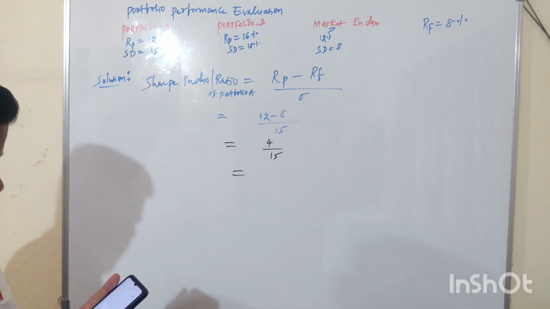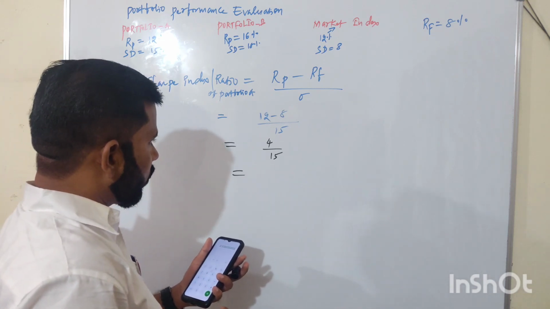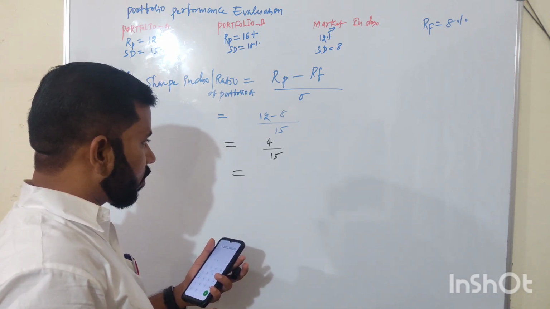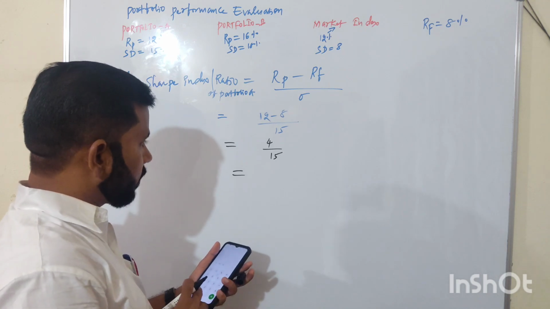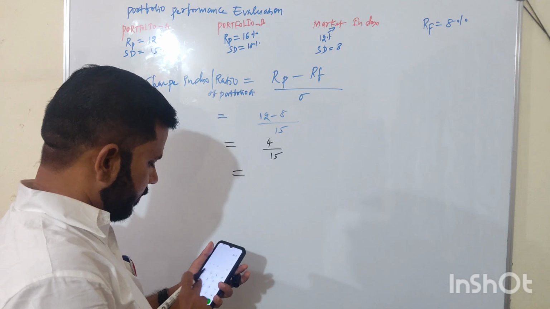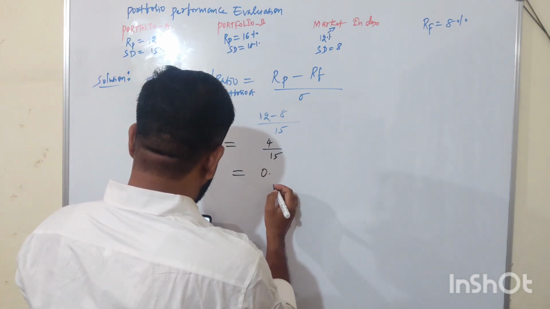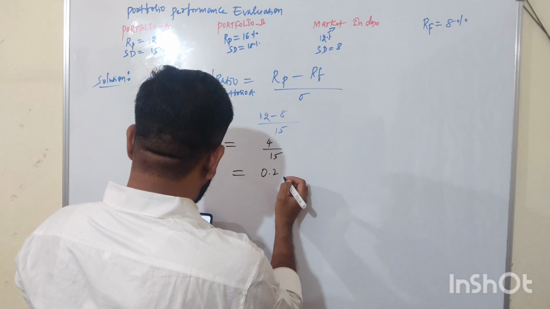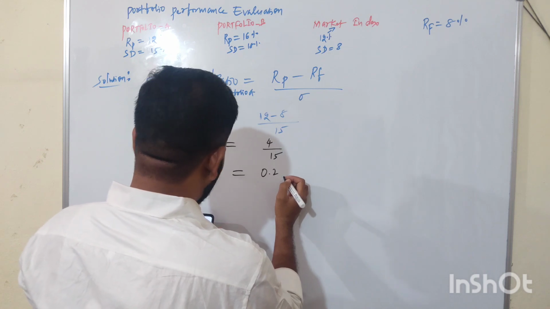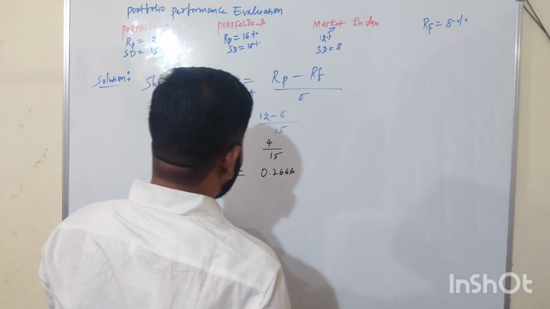If we calculate 4 divided by, not 12, 4 divided by 15, it is 0.2666.